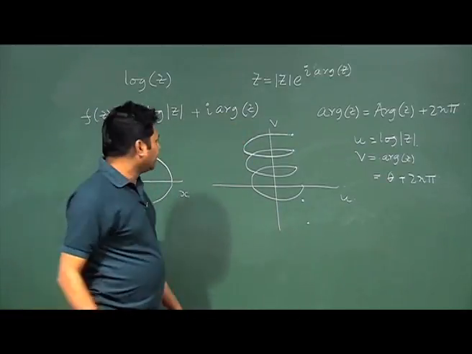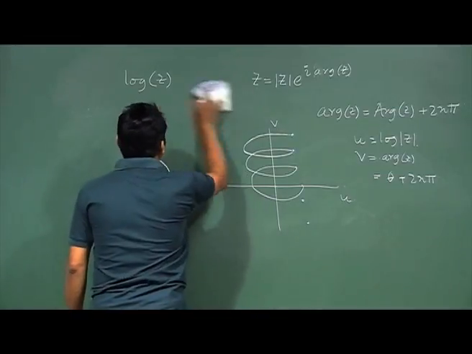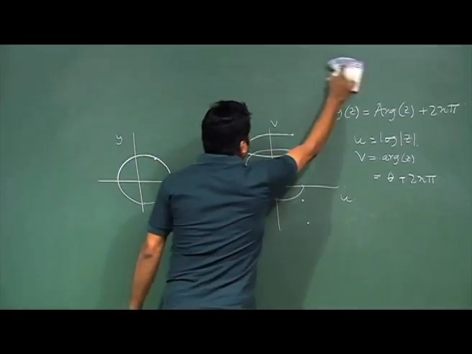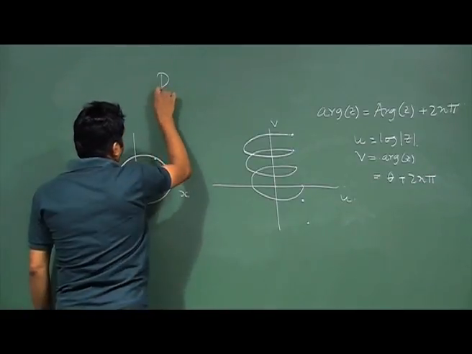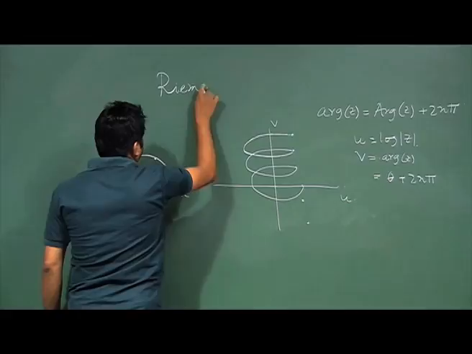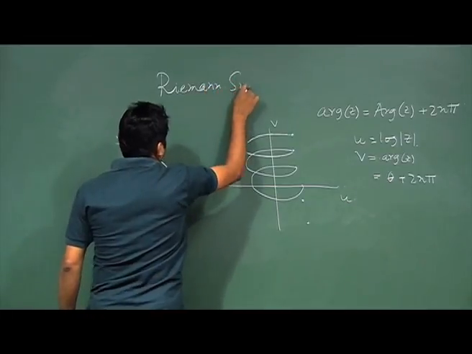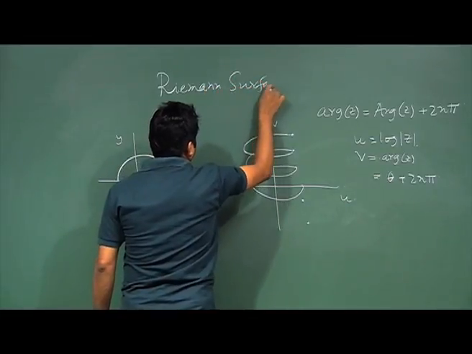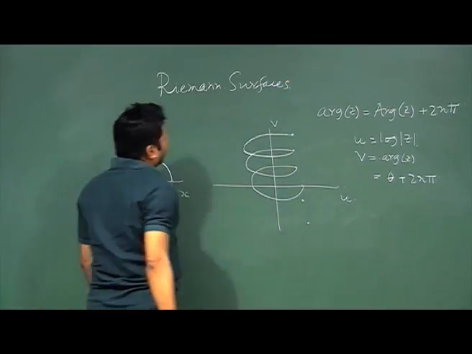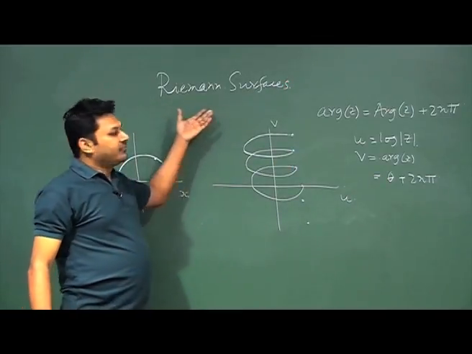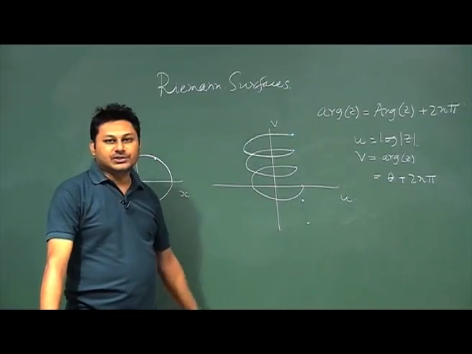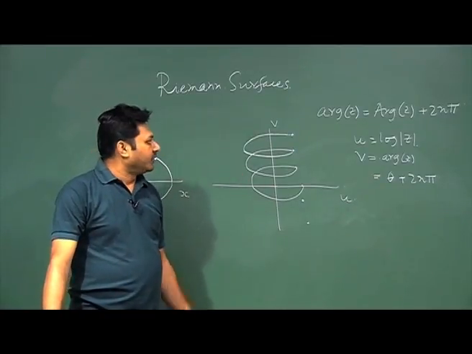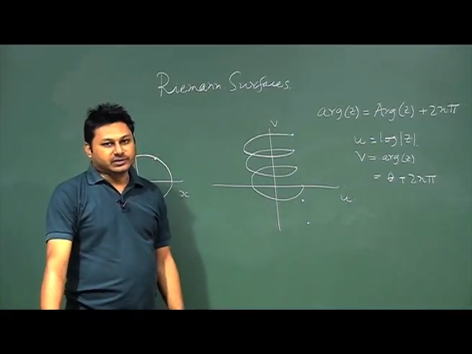I will suggest the students to just look on the internet or any other books for Riemann surfaces, and you will find there are ample examples and visualizations of the Riemann surface for different kinds of multivalued functions.